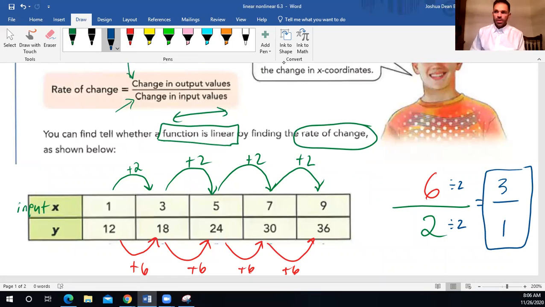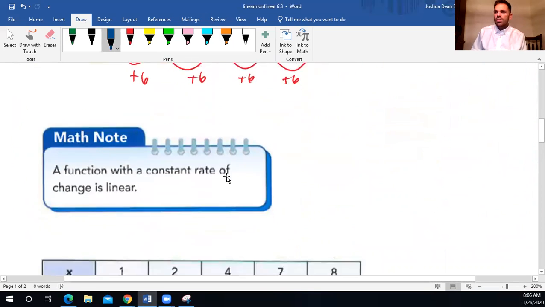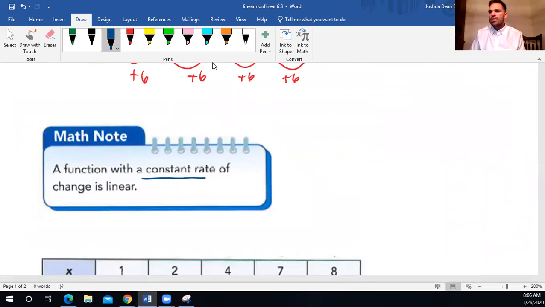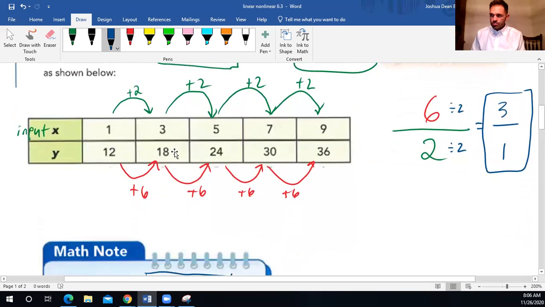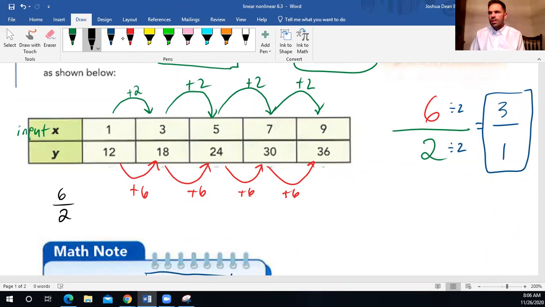One thing to note here: is this linear or is it nonlinear? Well, linear functions always have a constant rate of change. Now, what does that mean? Constant rate of change means that when you simplify the ratio of the output over the input in each change, 6 divided by 2, that it is the same between each point.